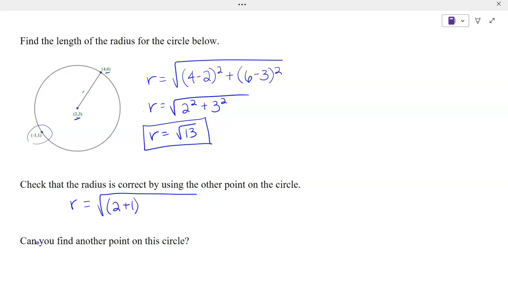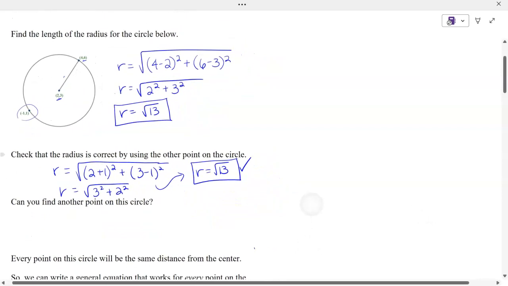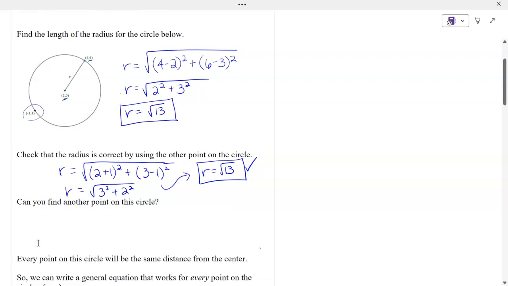So 2 plus 1 squared plus the difference in our y values, which is 3 minus 1 squared. This ends up giving us the square root of 3 squared plus 2 squared, which is the square root of 9 plus 4, which does in fact still give us the square root of 13. So we know that that radius is correct.